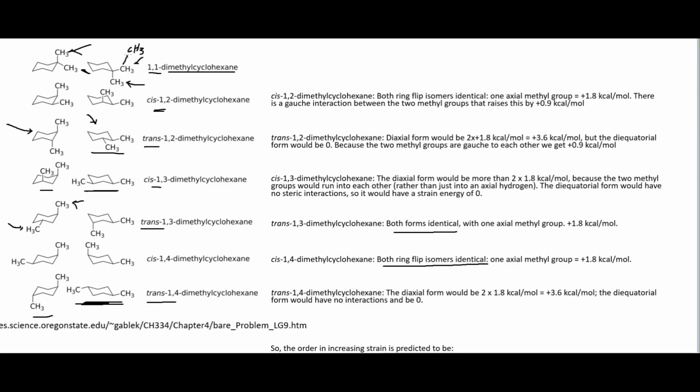So the larger substituent always wants to be in the equatorial position. So if you start altering these methyl groups to make one larger than the other, just know that the larger one is always going to want to be in the equatorial position. So the more stable conformation is always going to be with the larger substituent in the equatorial position. And so that's just the rule of thumb for which conformation is going to be the most stable.